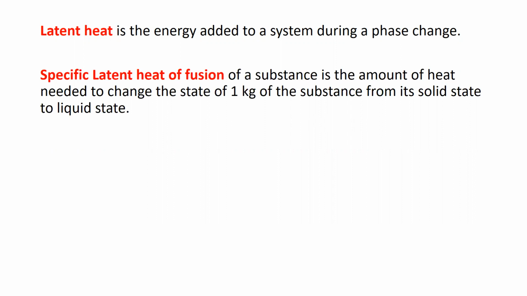And if you want to convert liquid to solid, you remove the same amount of heat from the system. So for changing from solid to liquid, you need to add heat. For changing liquid to solid, you just need to remove the same amount of heat from the system.